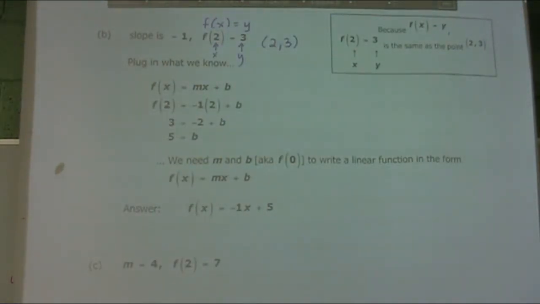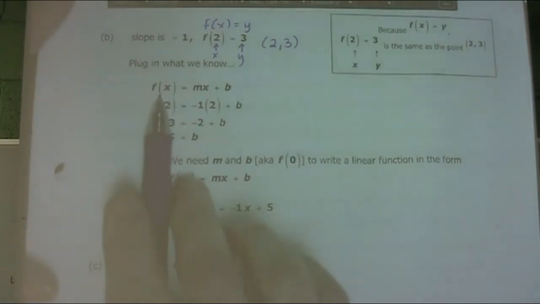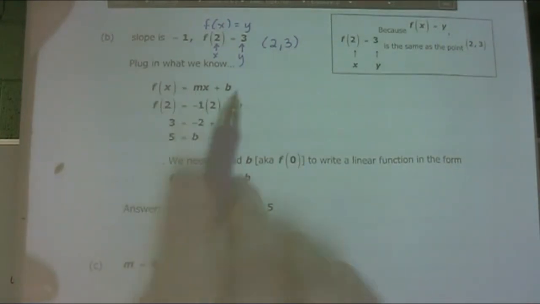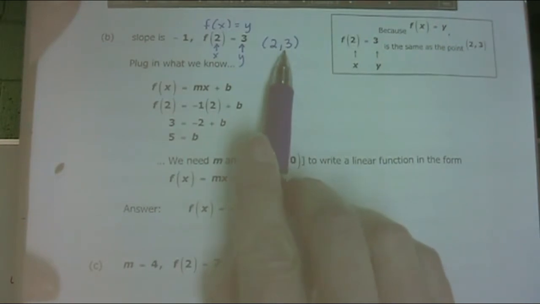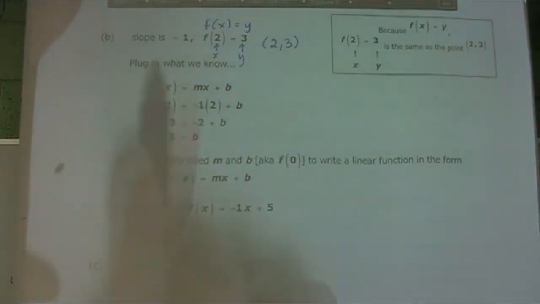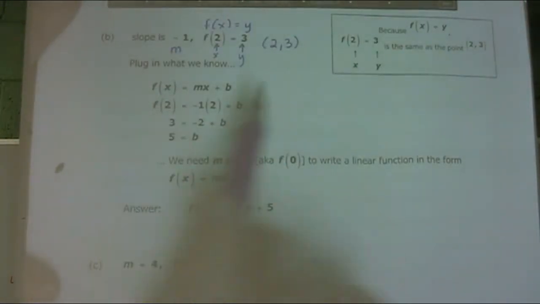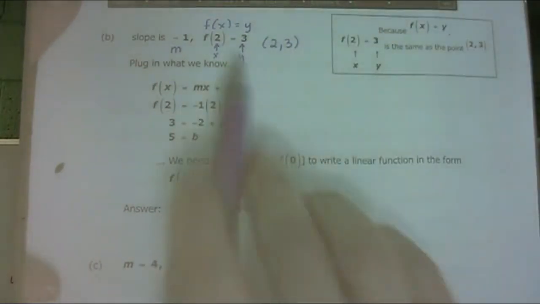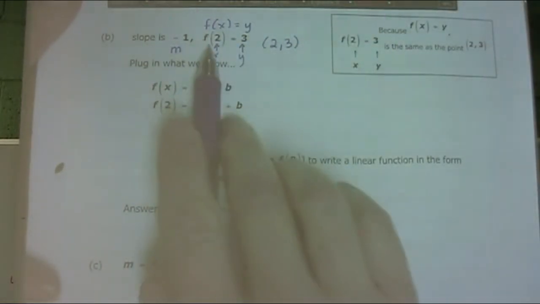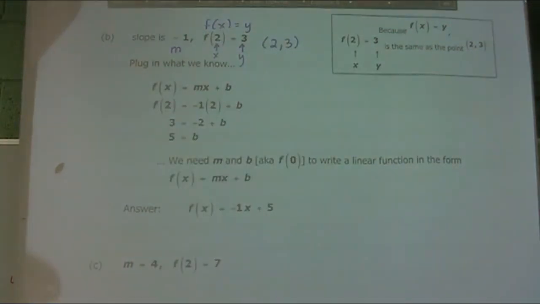But we're going to do this a little bit differently because we can, and we're going to do it in function notation. So I'm going to start out with f of x equals mx plus b. Remember, I have the point (2, 3). I do not have b, but I do have m, the slope. So I'm going to plug in -1 in place of m, and since I know this function value, I'm going to plug in f of 2.